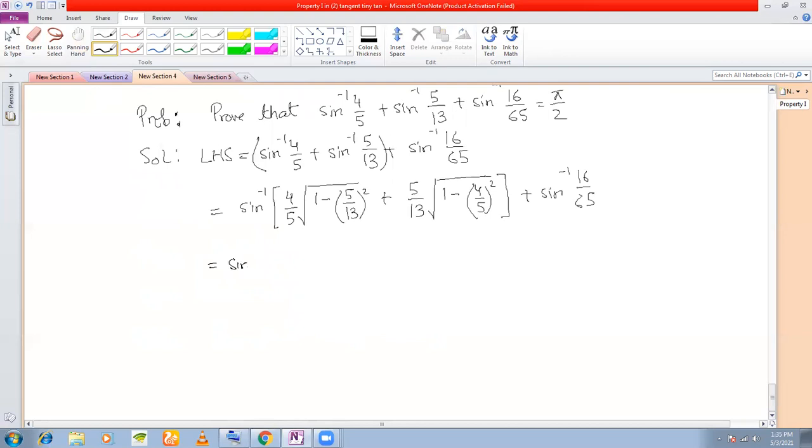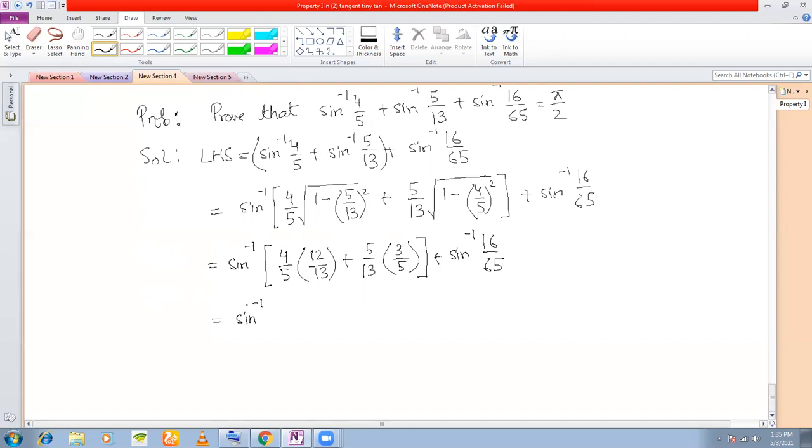In the next step, you simplify this result. You have 4 by 5 and root of 1 minus 5 by 13 whole square. If you simplify, you will get 12 square by 13 square, which is simply 12 by 13, plus 5 by 13. Again, here you simplify 1 minus 4 by 5 whole square, and you will get 3 by 5, plus sine inverse 16 by 65. And now you have sine inverse.